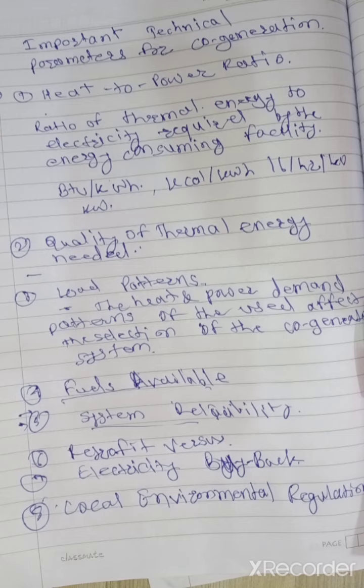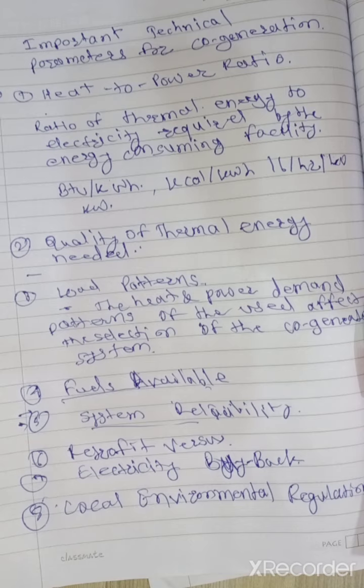I will revise this whole chapter within 2-3 minutes. First we discussed the need for cogeneration. Thermal power plants are the major source of electricity supply in India.